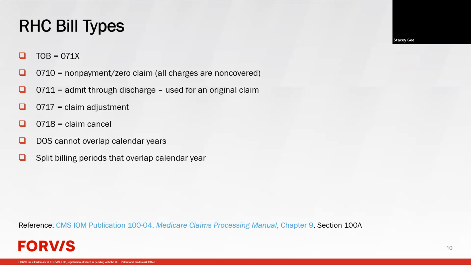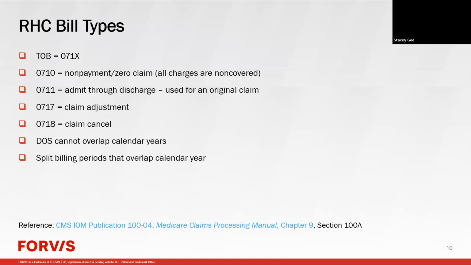Okay, so when we start thinking about the billing side and what that looks like, these are the types of bill types that we would expect to see for rural health clinics. Your type of bill is a 4-digit number that tells that payer what type of bill it is.